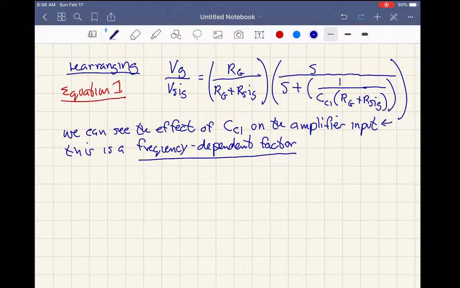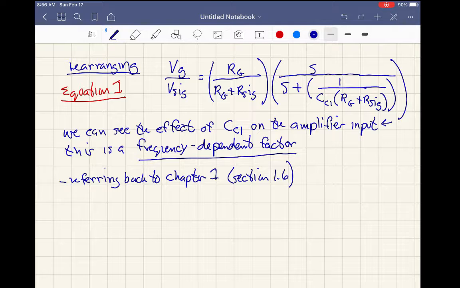If we refer back to chapter 1, this is section 1.6, which again you covered last semester.